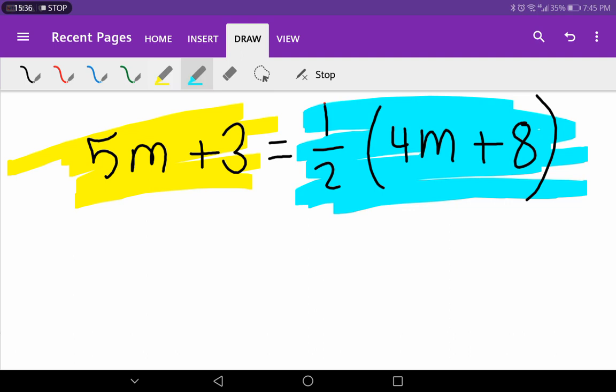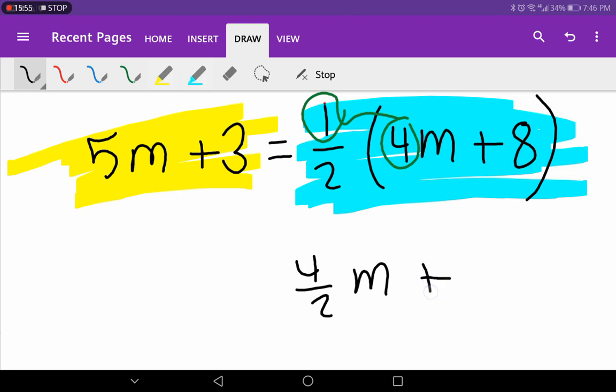I multiply the 1 over 2 by 4m. Yes, and I told you how to multiply 1 over 2 by 4. Actually, you multiply the 4 by the 1, so it is 4 over 2 m plus 8 over 2 as we learned before.